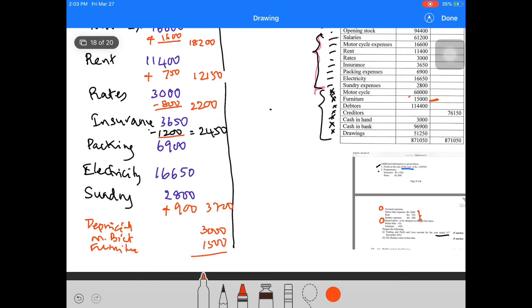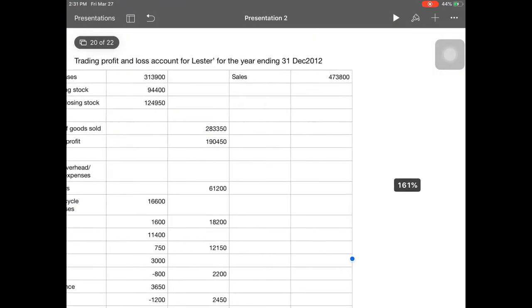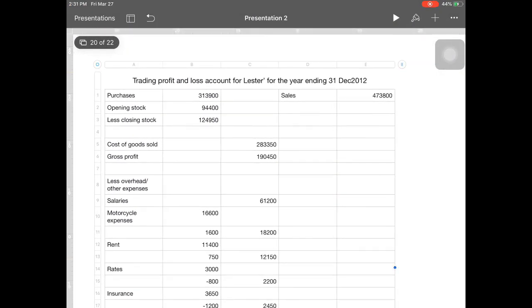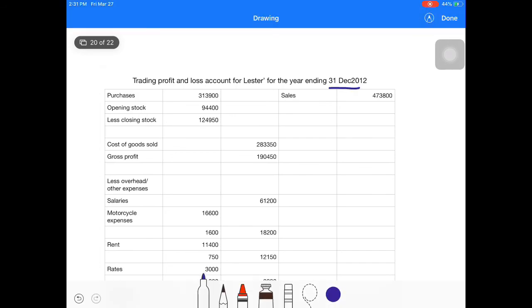So when we add up all those things, we get total overheads or expenses that are not direct as 127,950. Adding up all those things, this will be the final trading profit and loss account for Lesters for the year ending 31st December 2012.